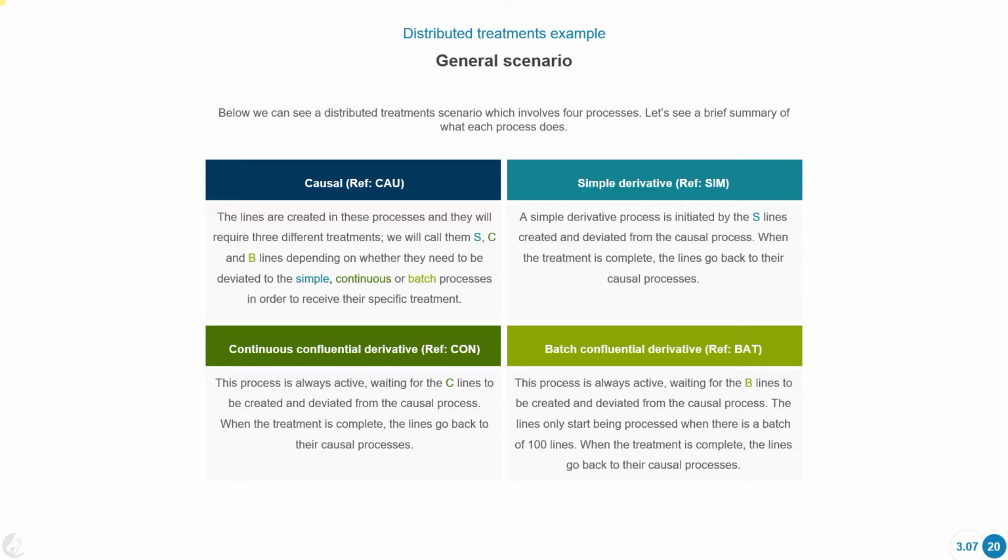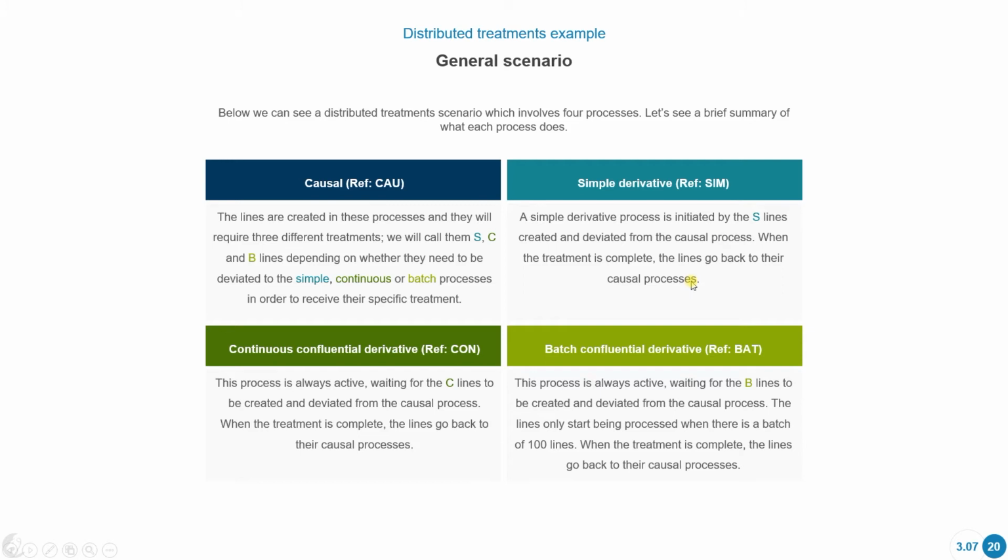What is important is the type of treatment that we're trying to give each line and how we're moving the lines from one process to another one. So here we have our first causal process. Basically, we know that here we're creating lines and we're sending them to other classes of processes. And once those instances of those classes give these lines a specific treatment, they send the information back to the causal process.